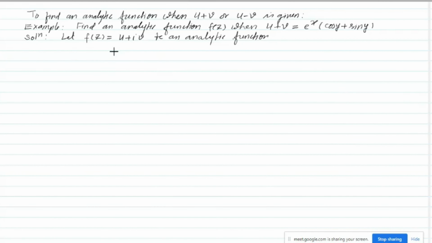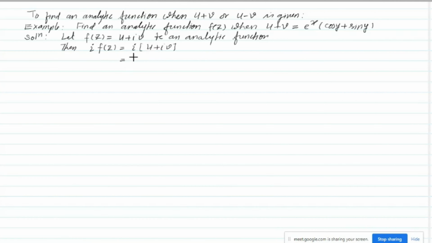Okay, now what is the next step? Our next step is what? We multiply by i on both sides. So we multiply by i on both sides, so this becomes i f of z equal to i into u plus iv.